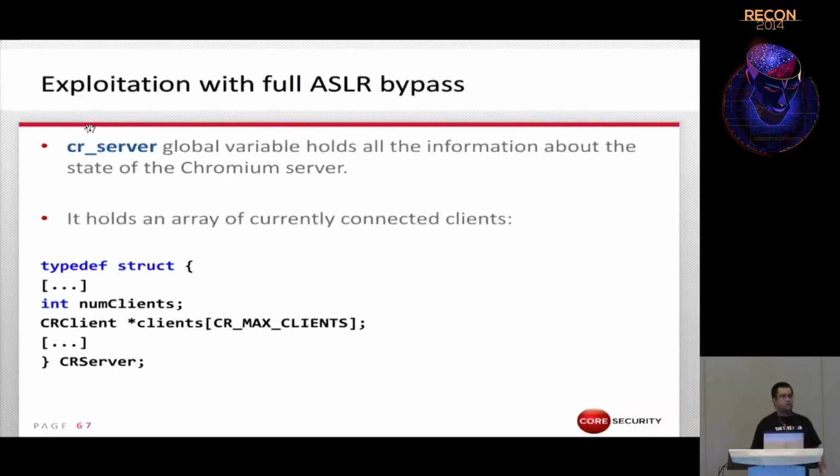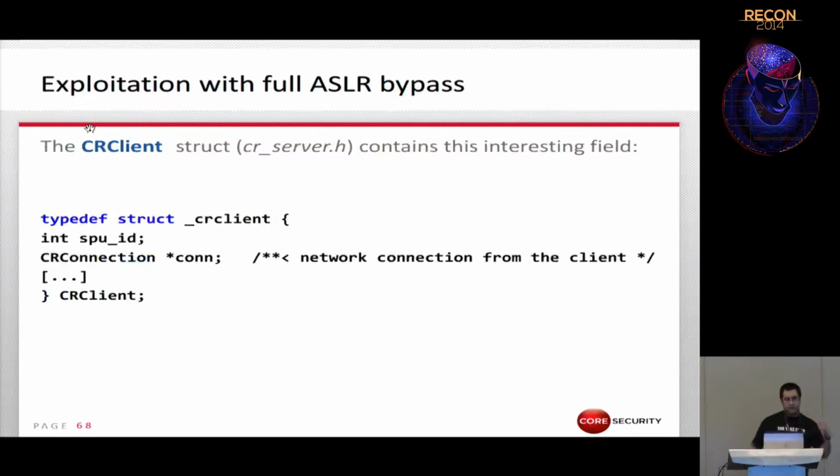If you remember, the CR server global variable holds a lot of information about the state of the Chromium server. One of those fields is called clients, which is an array of pointers to a CR client structure. The CR client structure contains a field called con, which is a pointer to a CR connection structure.